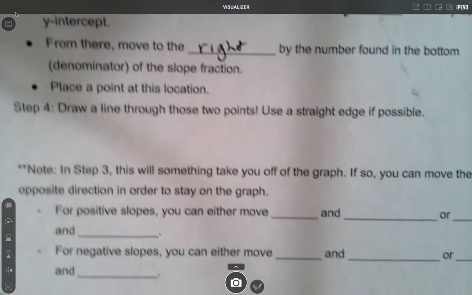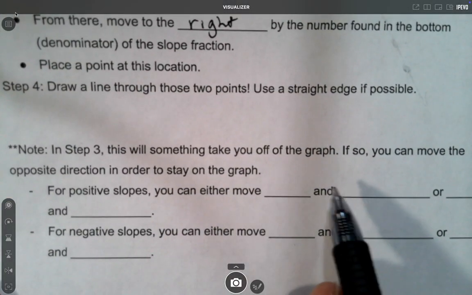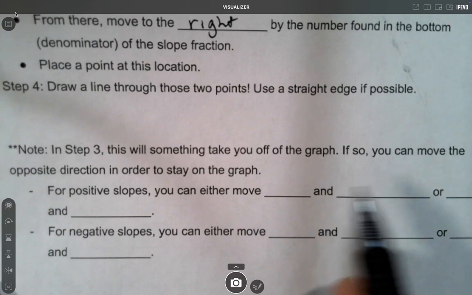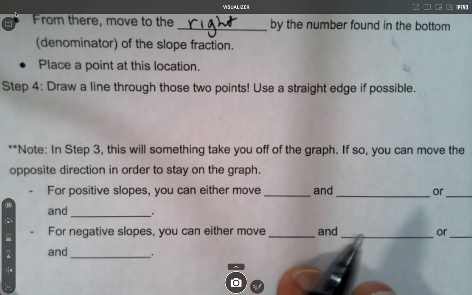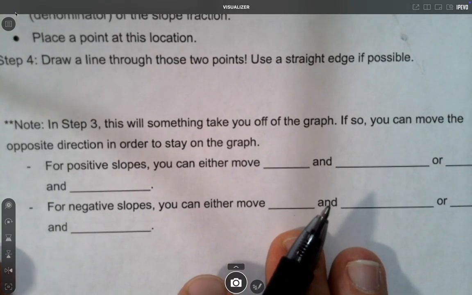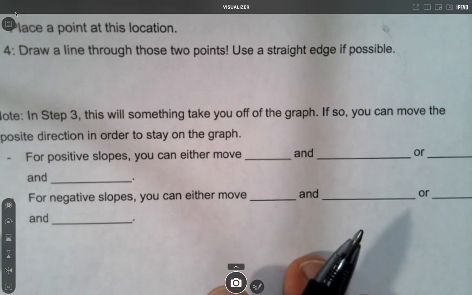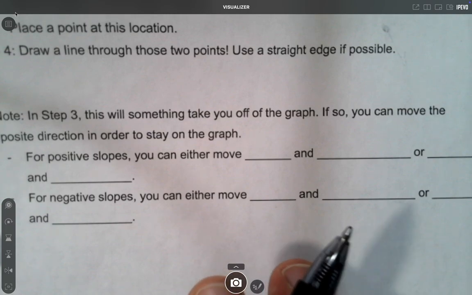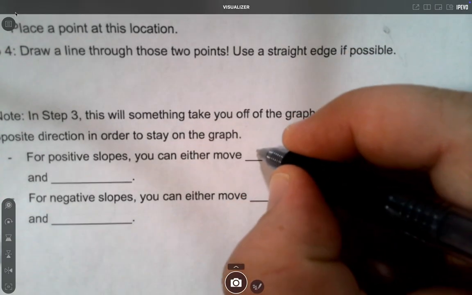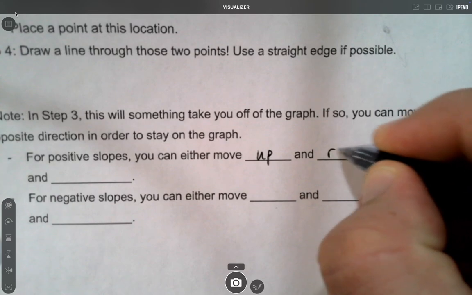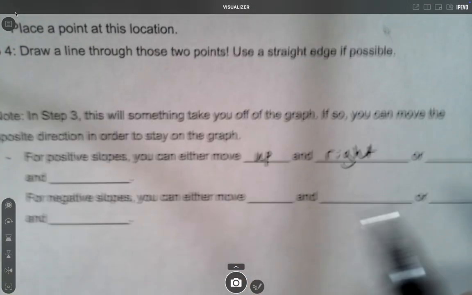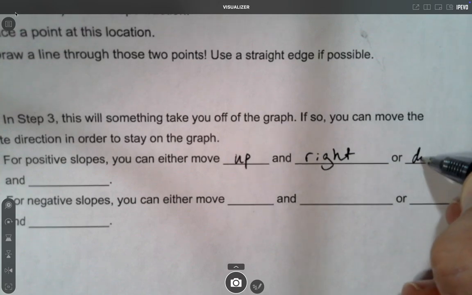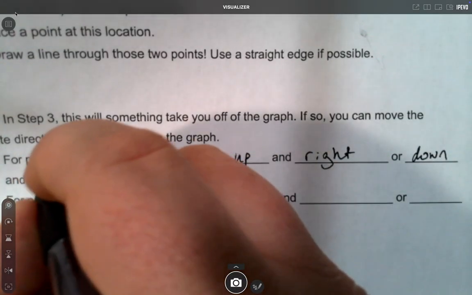Now, step 3, sometimes this will take you off the graph. If that happens, you can move in the opposite direction in order to stay on the graph. I'll show an example of that in just a moment, but I want to fill in these blanks. For positive slopes, you can either move up and to the right, which follows the directions we talked about above, or you can move down and left.